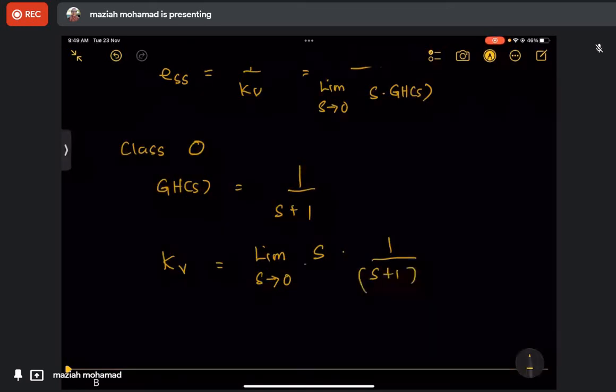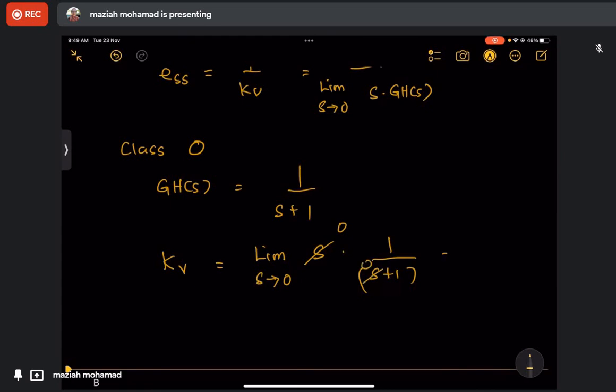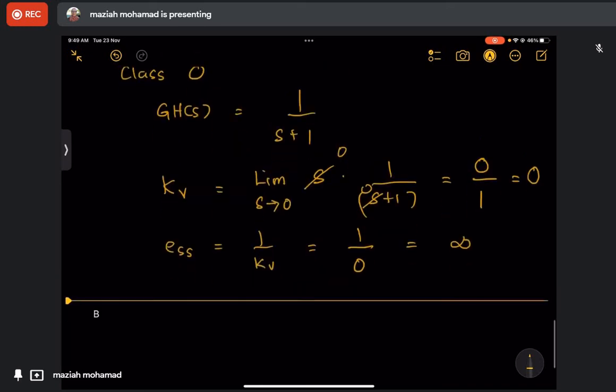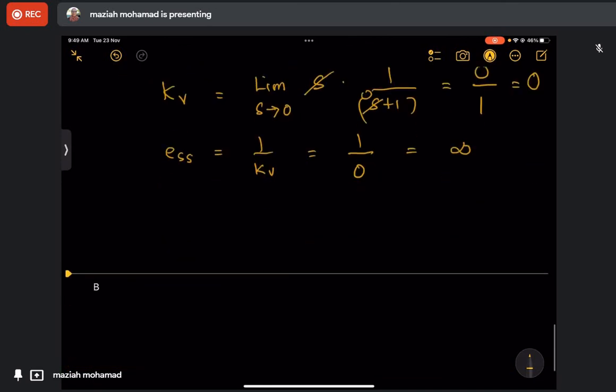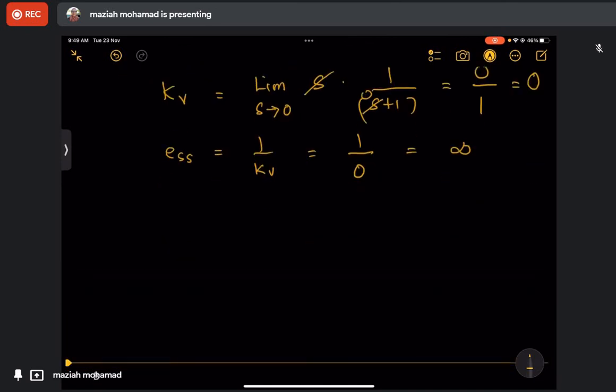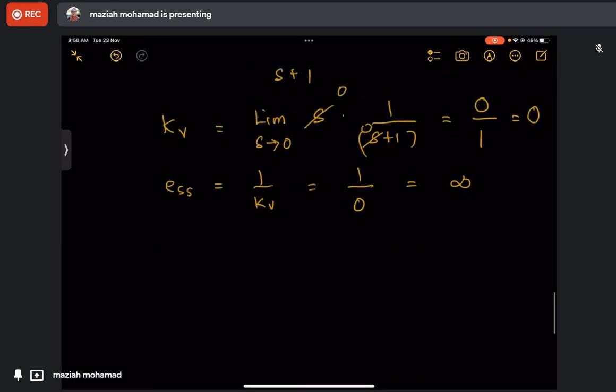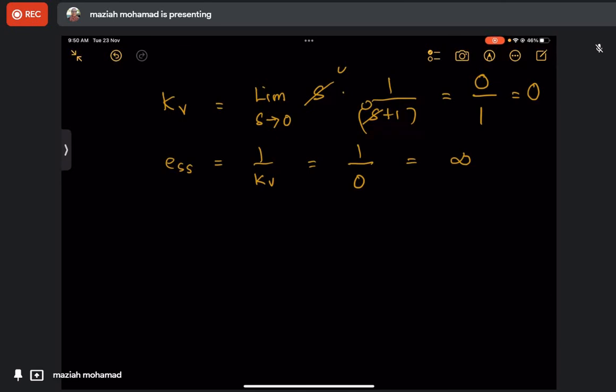Therefore this one becomes 0, so it is equal to 0 over 1. 0 over 1 is 0, right? Therefore the steady state error is equal to 1 over Kv, which is equal to 1 over 0. So you get infinity. Okay, so that is for Kv.